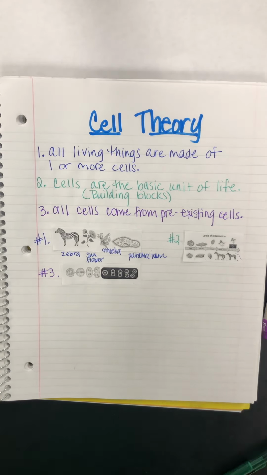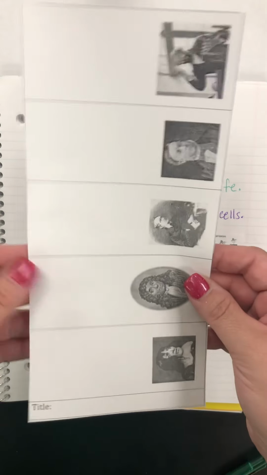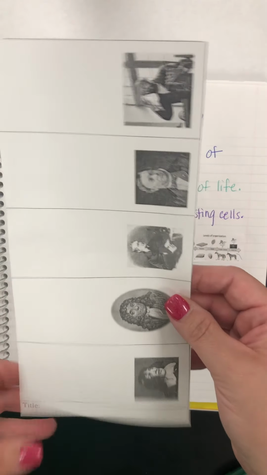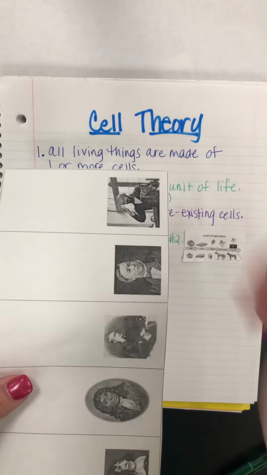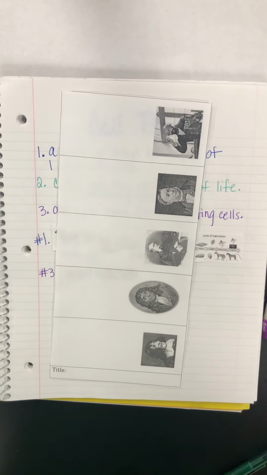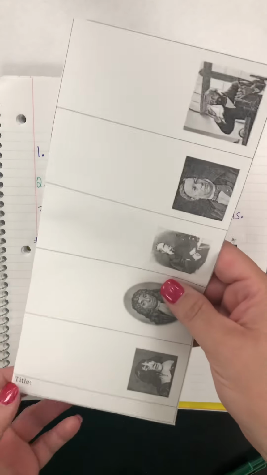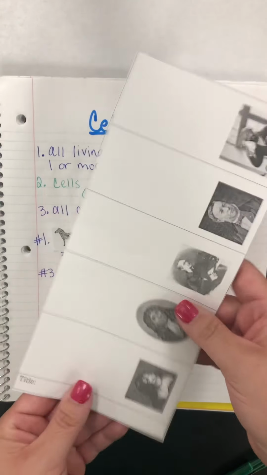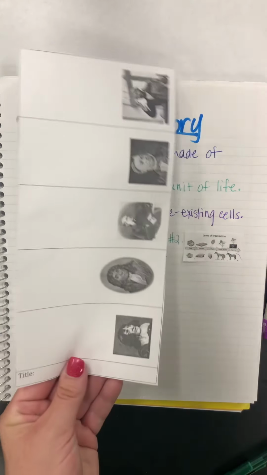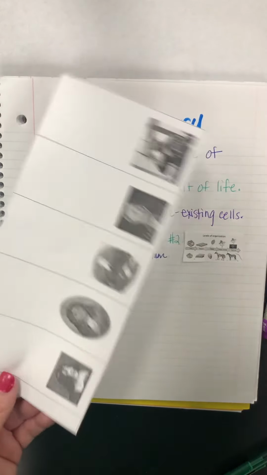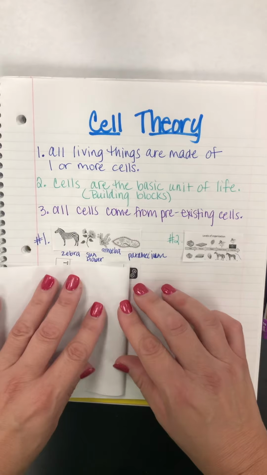Now, lastly, we are going to create this foldable, and it has 5 different scientists that contributed to the cell theory. And we learned about these scientists in the video that we just watched, okay? So this is an actual foldable. At the bottom, it says title. On each of these lines, after you cut this out, you're gonna wanna fold on those lines.